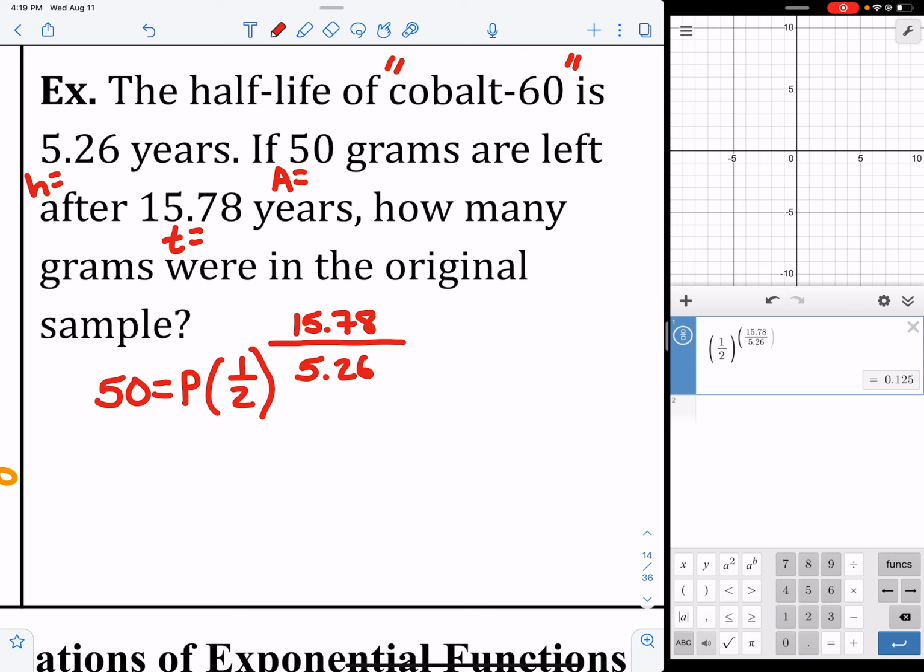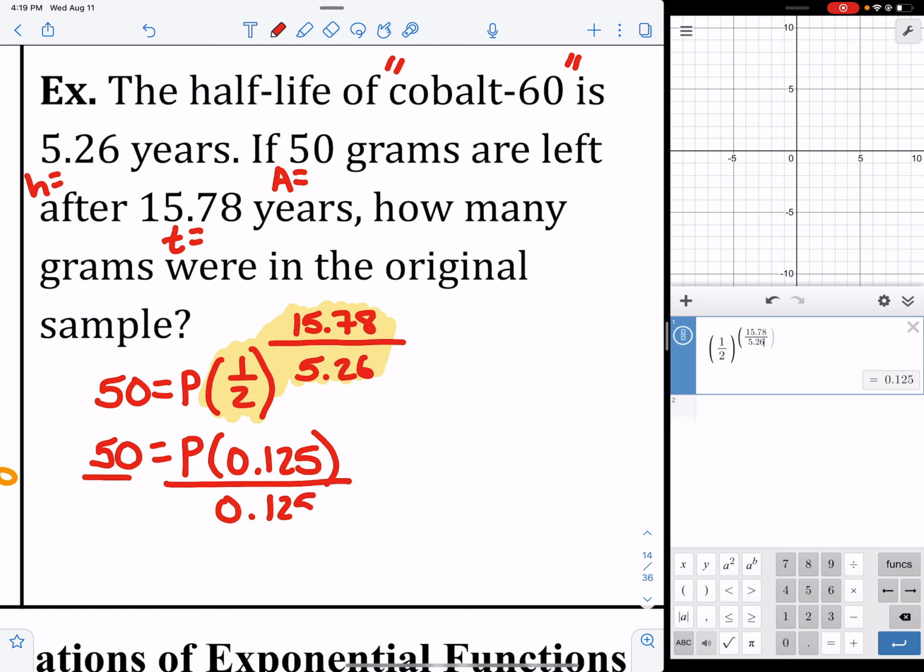So you can basically take this whole part of this equation and evaluate it and get a number for that. So 50 equals P times, now we have a value of 0.125, and that's much easier to solve than the last one was. So we just need to divide by that number and we get our initial amount.